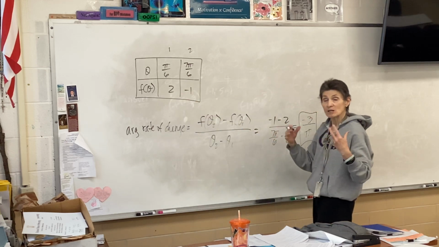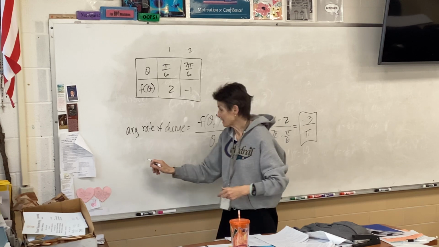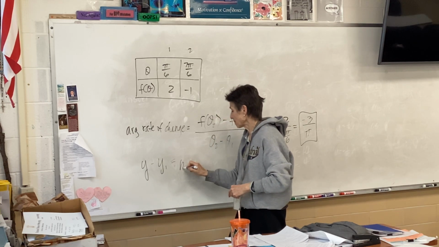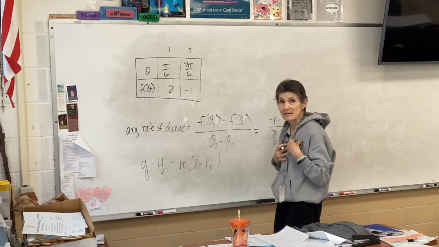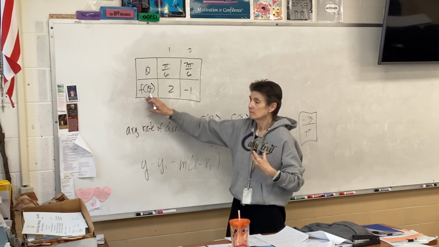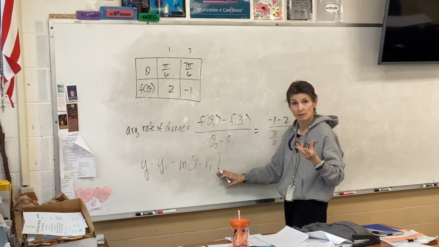And I'm going to write the equation of the line. Now, point slope in rectangular coordinates looks like this. Right? Well, for me, my y's are f of thetas, and my x's are thetas, all right?